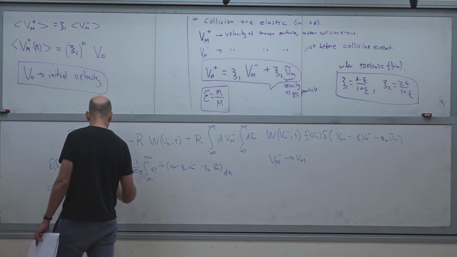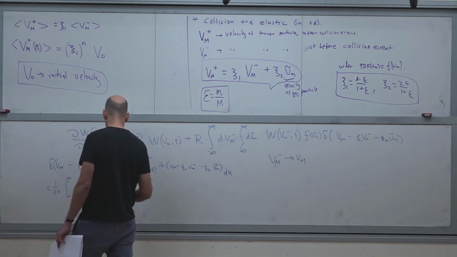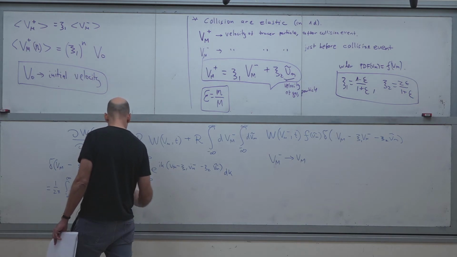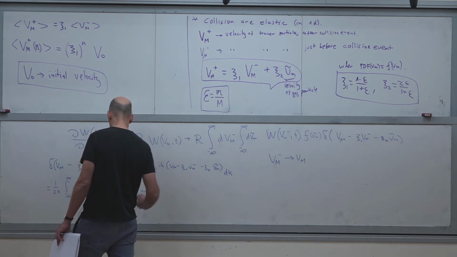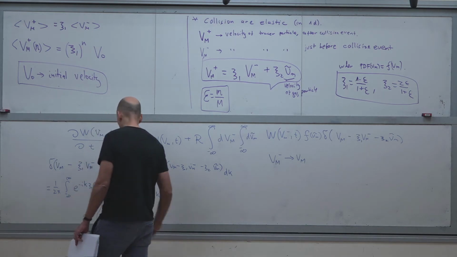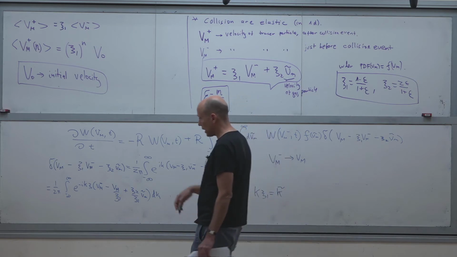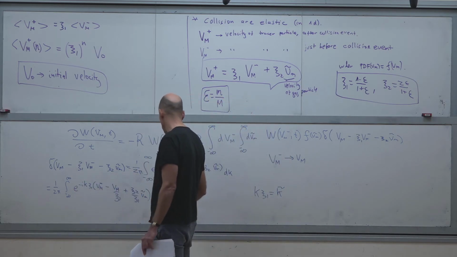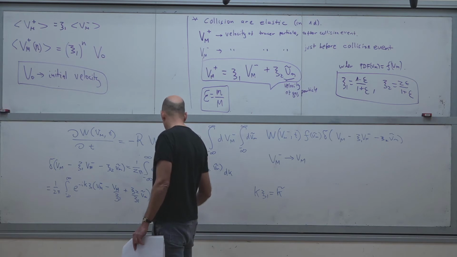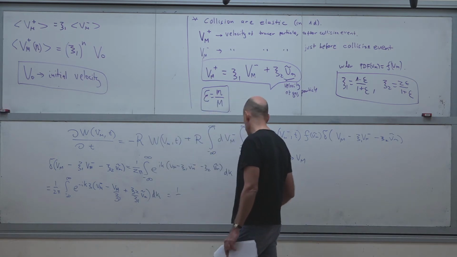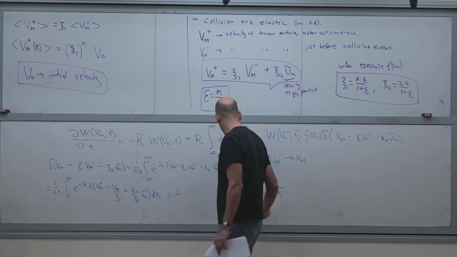But now I have Vm psi1 with a minus, and here I have plus psi2 over psi1 Vm tilde, dk. Now I define k times psi1 as k tilde, maybe even with a minus sign so I get rid of this minus, and then dk is dk tilde over psi1.